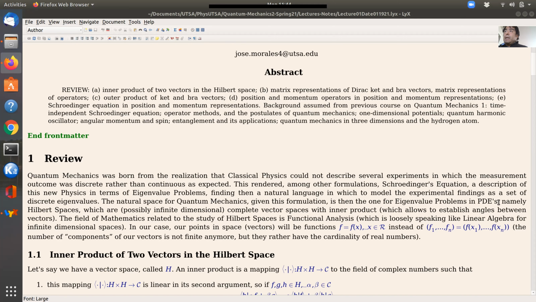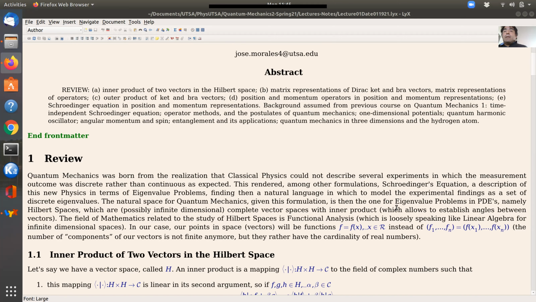The spaces that appear in eigenvalue problems in PDEs are Hilbert spaces, which are vector spaces that may or may not be infinite dimensional, but they are complete vector spaces with an inner product. The inner product lets you establish angles between vectors. That's the interesting part, and particularly the concept of orthogonality.